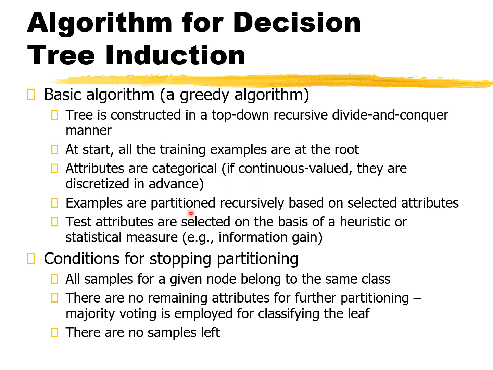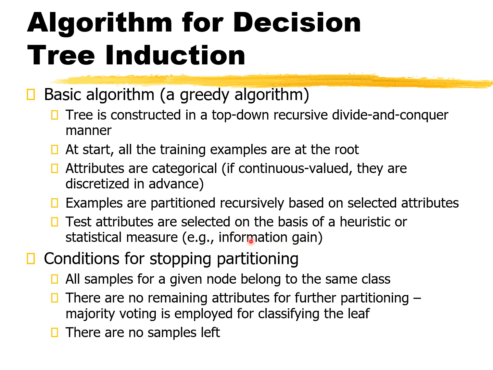Now we start partitioning the examples based on selected attributes. If we select a certain attribute, we partition the data based on that. Then we test the attributes that we select based on some measures. These can be statistical measures or heuristic measures, and we will learn about them later on. An example of these measures is information gain.